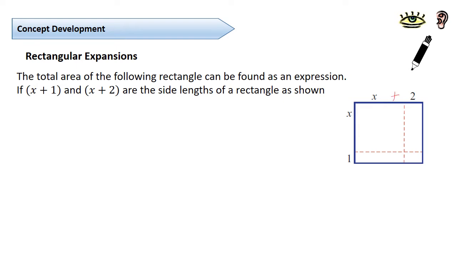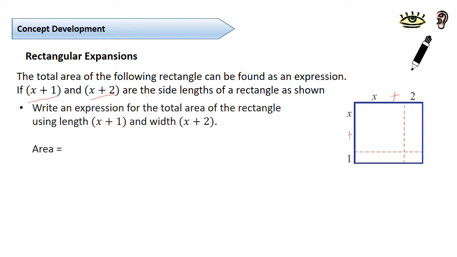So we can think about the length of this side as being x plus 2. And then the width, or this side length, is very similar. It is x long, but also has this little bit 1 tacked onto the end of it, okay? So it is x plus 1 by x plus 2, and we've written that over here.